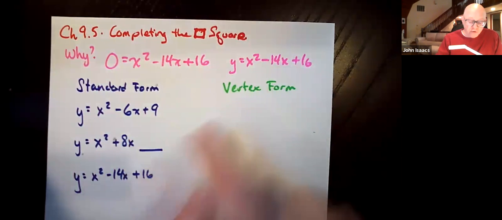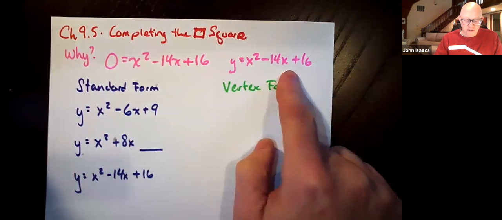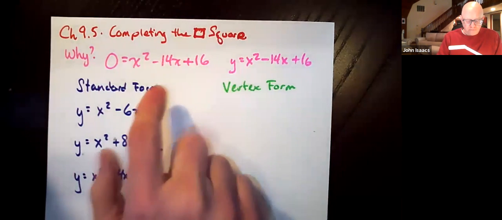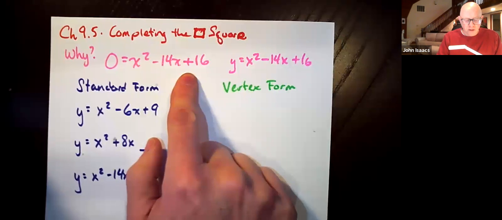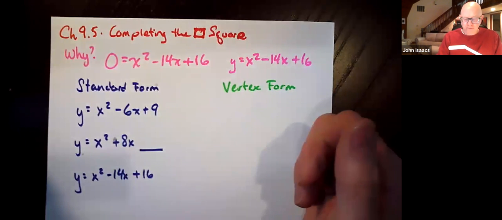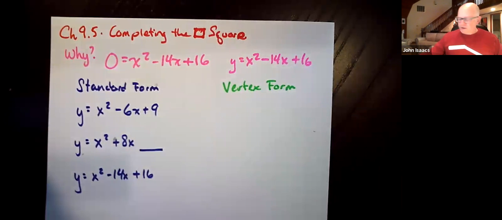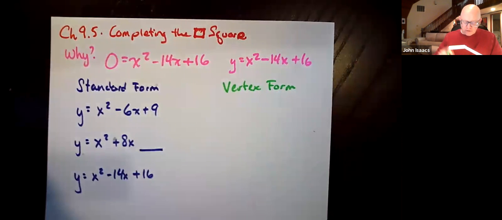Now, if you were trying to graph it, maybe you would have some other alternatives other than completing the square. But for a quadratic trinomial in this form, because it doesn't factor, we need to be able to do something else with it.